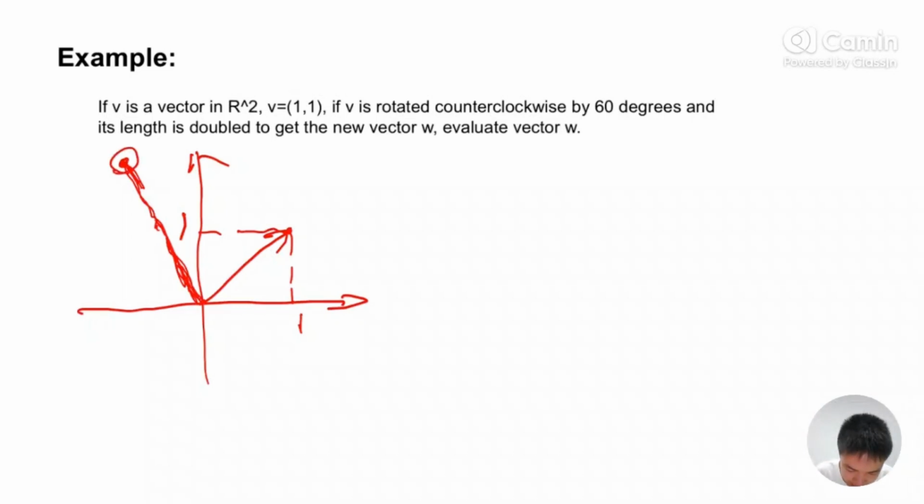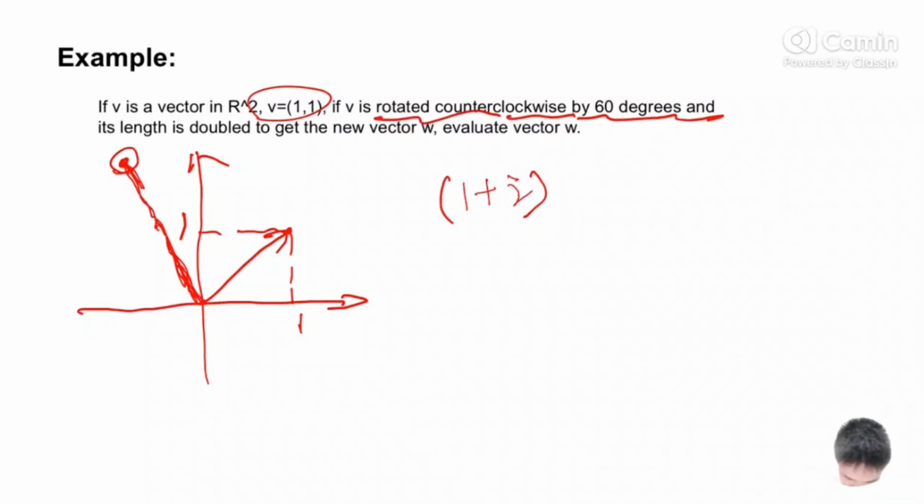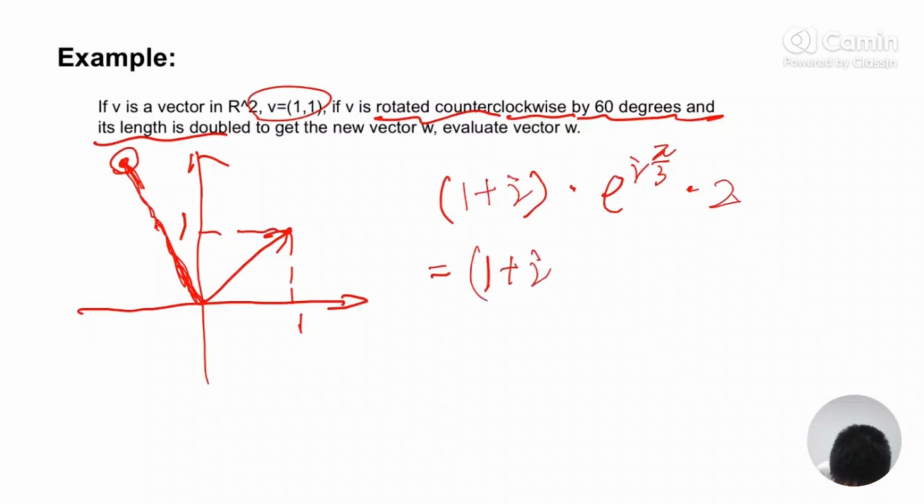We use complex multiplication. We can write vector v as 1 plus i. And we rotate counterclockwise by 60 degrees. We can write it as this, and length is doubled. Now we calculate this expression. It equals this.